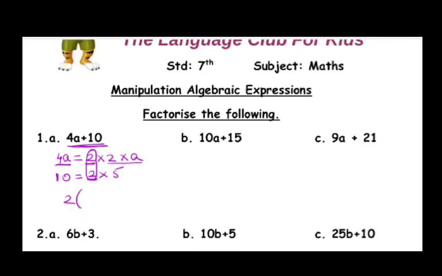What is left behind over here? 2a. We pick up this plus sign from the question. And what is left here? 5. So the uncommon terms move inside the bracket.